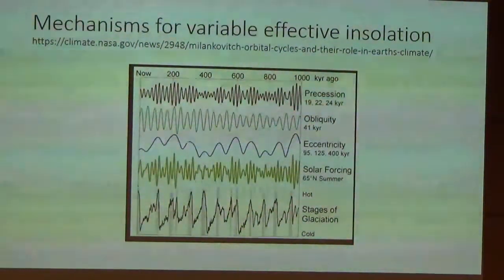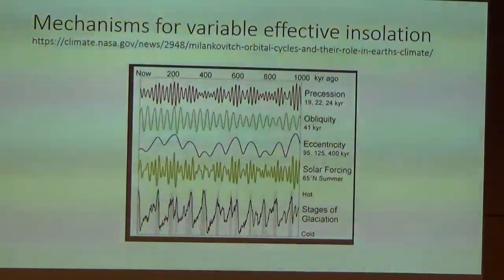We have this precession, which is the change in the ellipticity of the track of the Earth around the sun. It changes this eccentricity due to the two large planets in our system, Uranus and Jupiter. They affect our way around the sun.